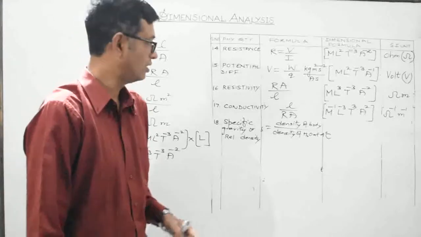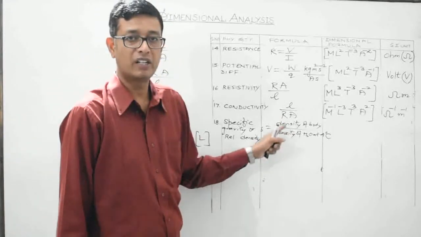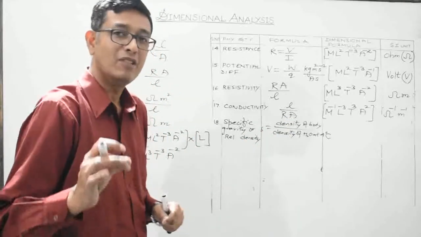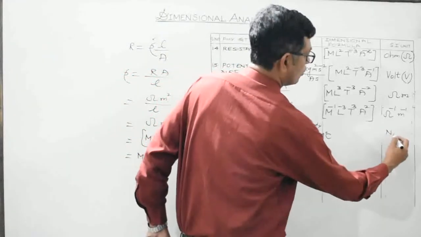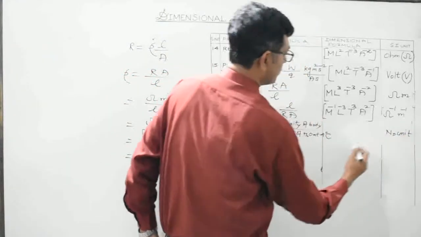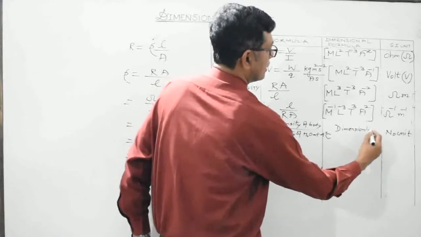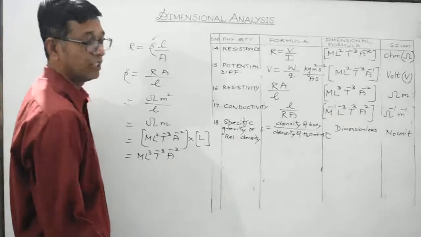So again students, look, this being the ratio of two similar physical quantities, numerator density and denominator also density, it will be a dimensionless quantity having no unit. So no unit over here, it is a dimensionless quantity, right? Let's proceed further.